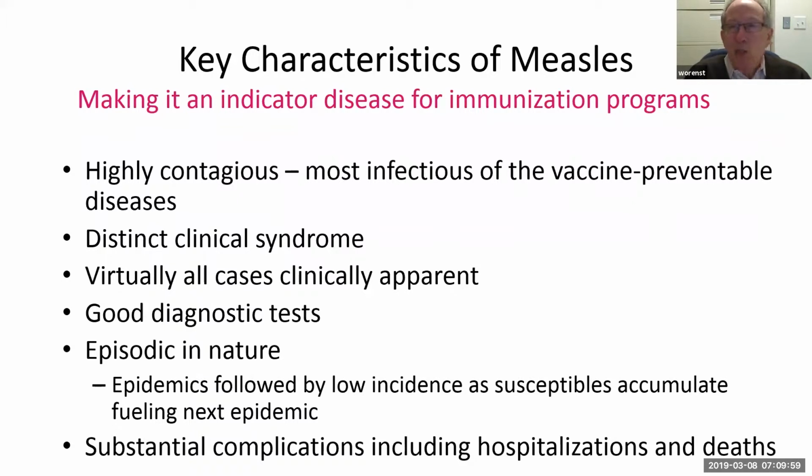And in fact, one of the problems has been thinking when the disease incidence goes down, it's going to be permanently down. But each day, susceptibles are born and add to the susceptibles, and later will fuel an epidemic. But what's very important with measles is the acceptable level changes. So the level acceptable before vaccination goes down with each outbreak.